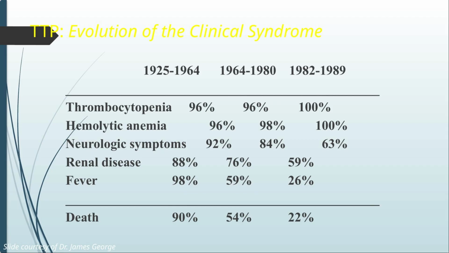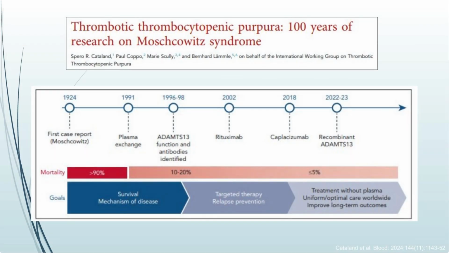So we can really see that now as we have come to recognize that we don't need to wait for this pentad, the death rate of TTP has really decreased throughout the last century. We really just see the thrombocytopenia and the microangiopathic hemolytic anemia, and that should be enough for the doctor to suspect TTP.